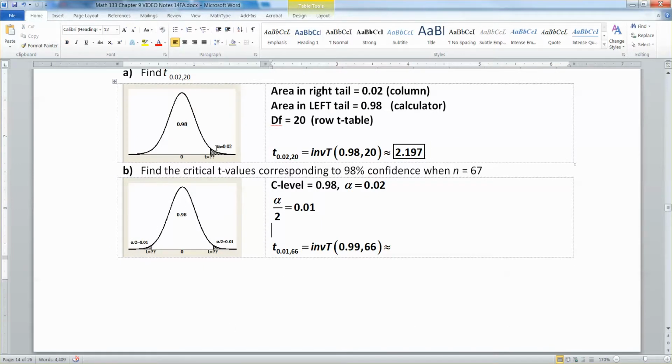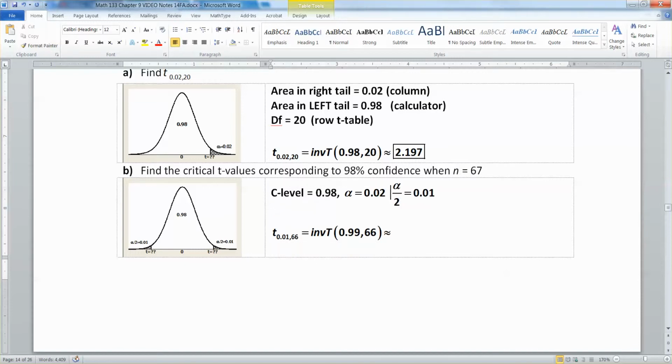Okay, now let's do a confidence interval, since that's something we're going to need. So we're going to find the critical t-values for 98% confidence with n equals 67. So I made a t-distribution right here. I have the center, which is 0.98. And since it's a confidence interval, I'm going to have two tails, one on the left, one on the right, because the confidence interval makes up the center.